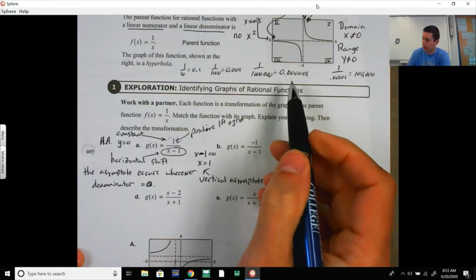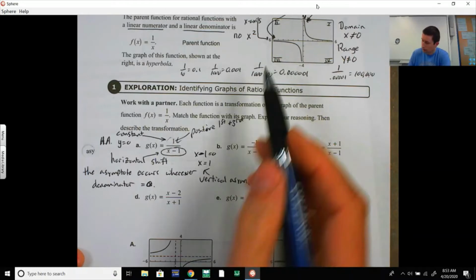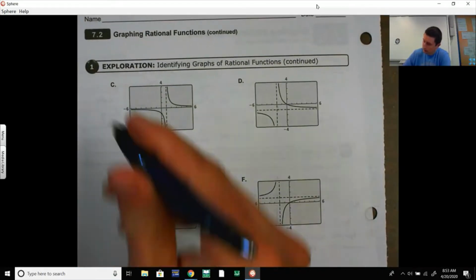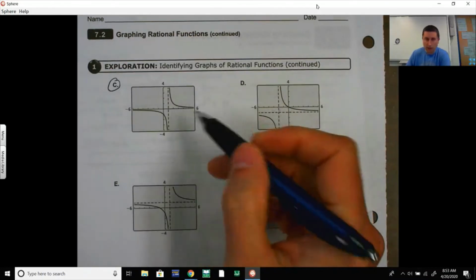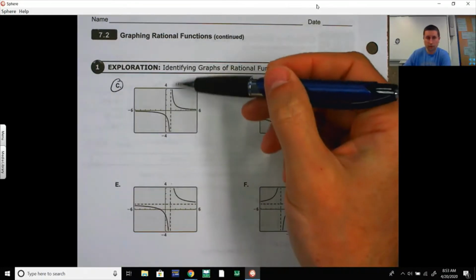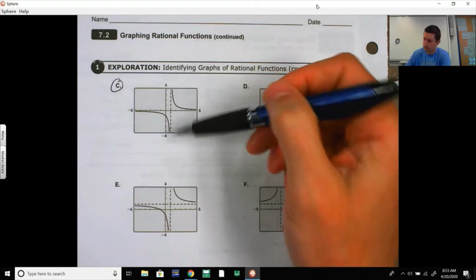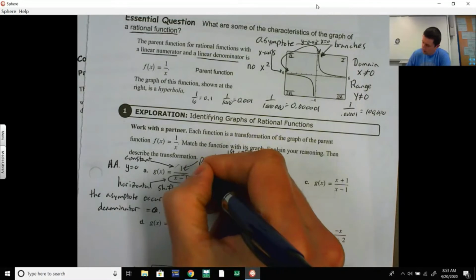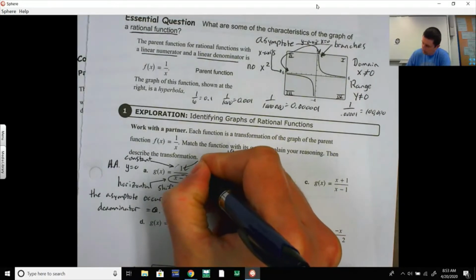It's going to look like our parent function here. So with horizontal asymptote y equals 0, that's going to put our graph as option C. We have a horizontal shift, 1 unit right, but no vertical shift. So equation A would go to graph C.